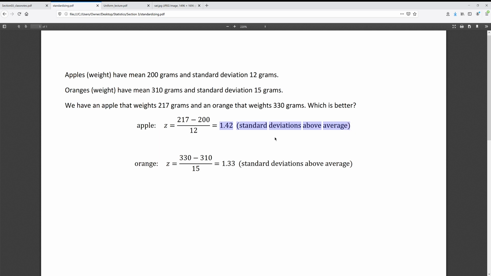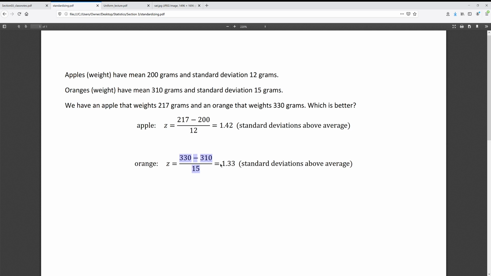Now I put it in parentheses because, again, remember, these technically have no units. This particular apple is 1.42 standard deviations above average. The orange, on the other hand, we'll subtract its mean, 310, and divide by its standard deviation, 15, which is what, 20 over 15, which is 1 1/3. Call it 1.33.